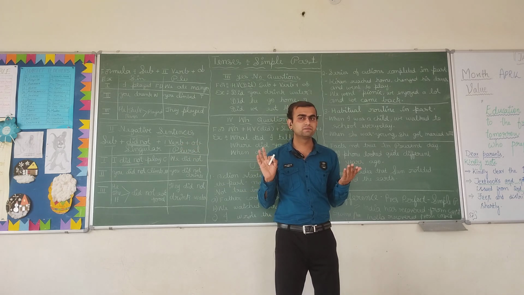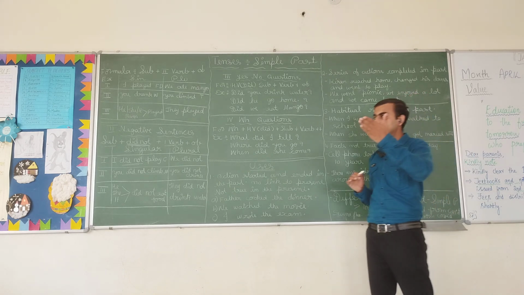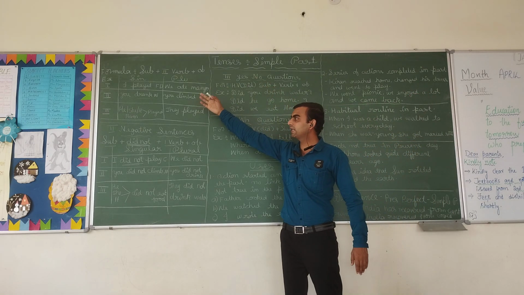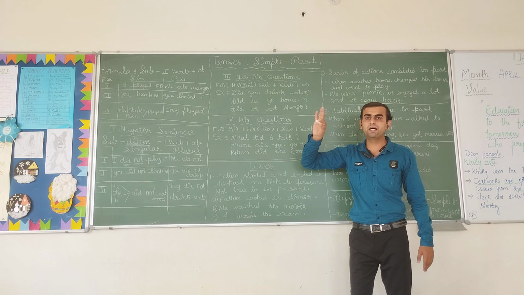Is it clear? What did we learn in this class? I taught you what is past tense, then how to make assertive, negative and interrogative sentences in the simple past tense.